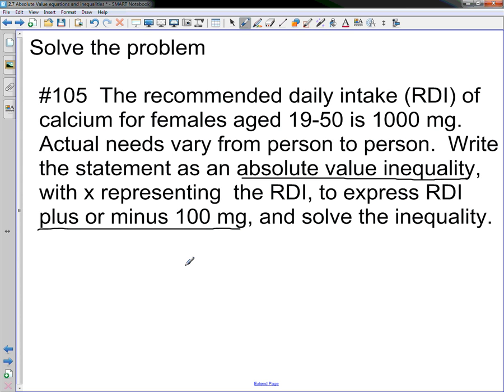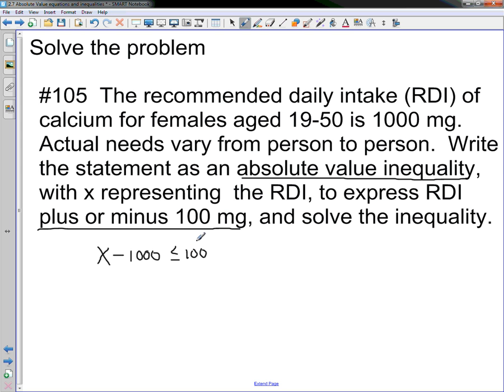Okay, so what we have is the total amount that someone intakes. That's something that we don't know. We want it to be, after we subtract off the recommended dose, plus or minus 100 milligrams. So the first one, if I take these two and subtract them, I want it to be less than 100.